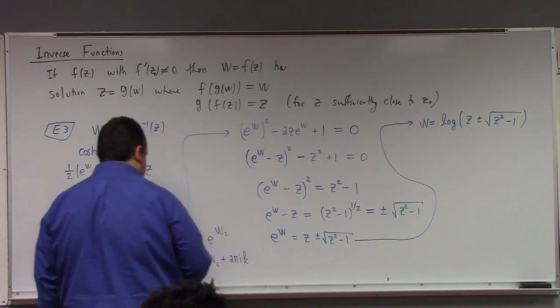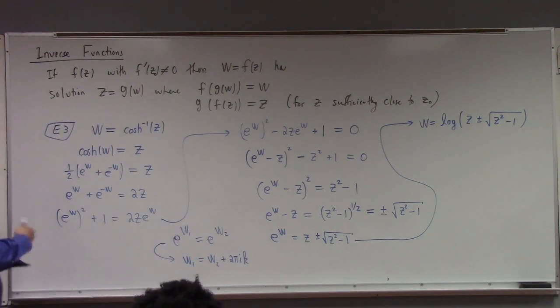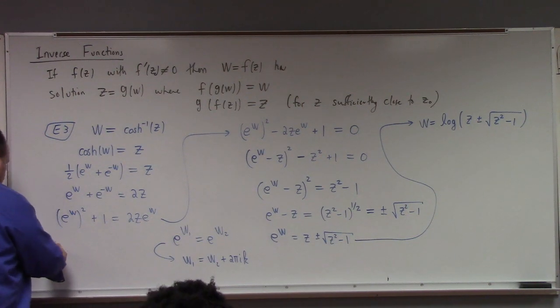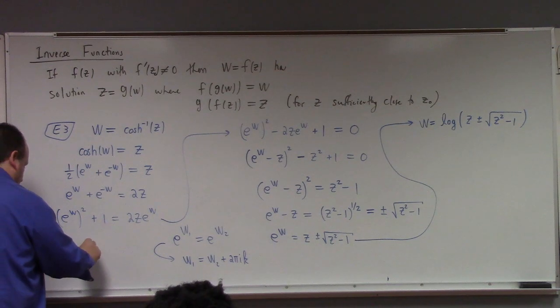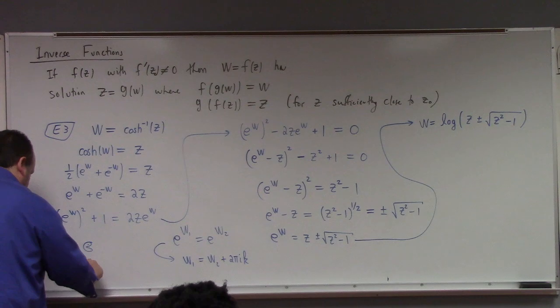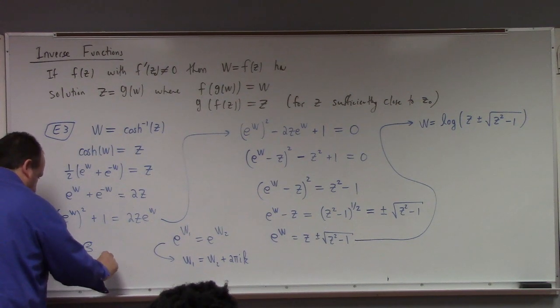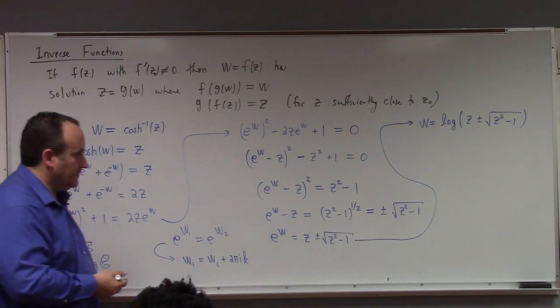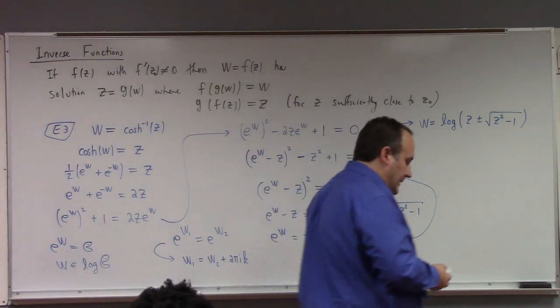That's all I can get. So we worked out in a previous homework problem that if we have e to the w equals Pac-Man, then w has to be an element of the little log of Pac-Man. So capital log is one solution, but there are in fact infinitely many solutions.